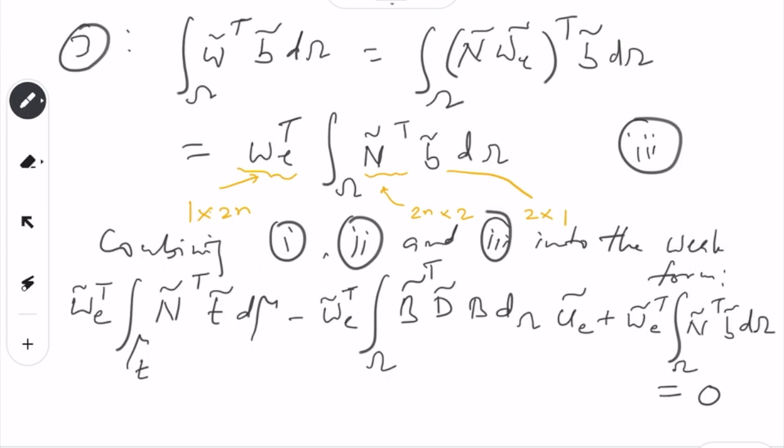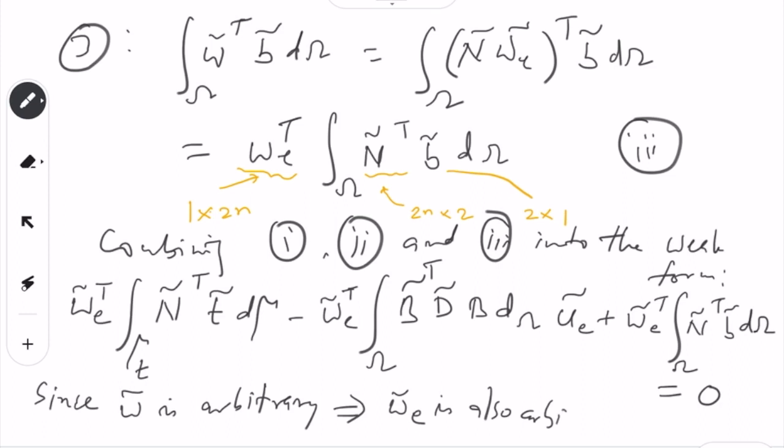Okay. Now, we know that W is arbitrary. So, since W is arbitrary, W tilde is arbitrary, that implies that W e is also arbitrary.